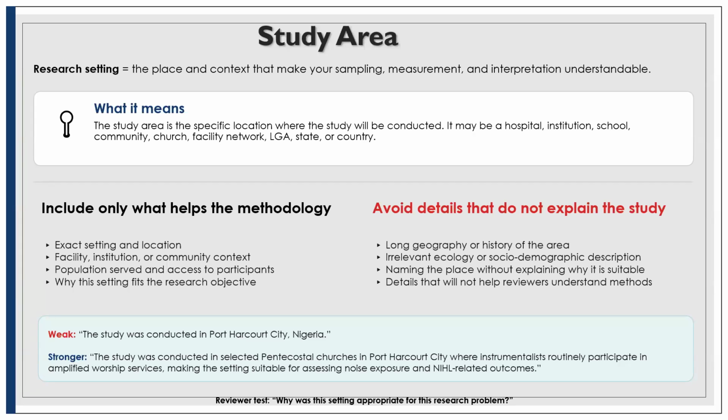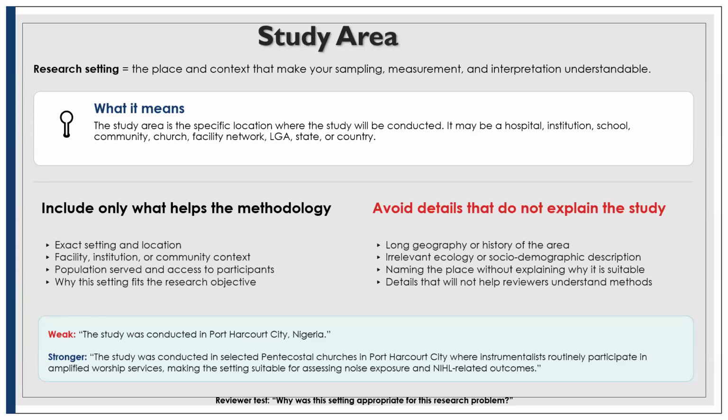I am mentioning this because when a reviewer is looking at your work in terms of the study area, they are asking, why was the setting appropriate for the research problem? If I am doing a study on noise-induced hearing loss, the reviewer's head is like, okay, noise-induced hearing loss.